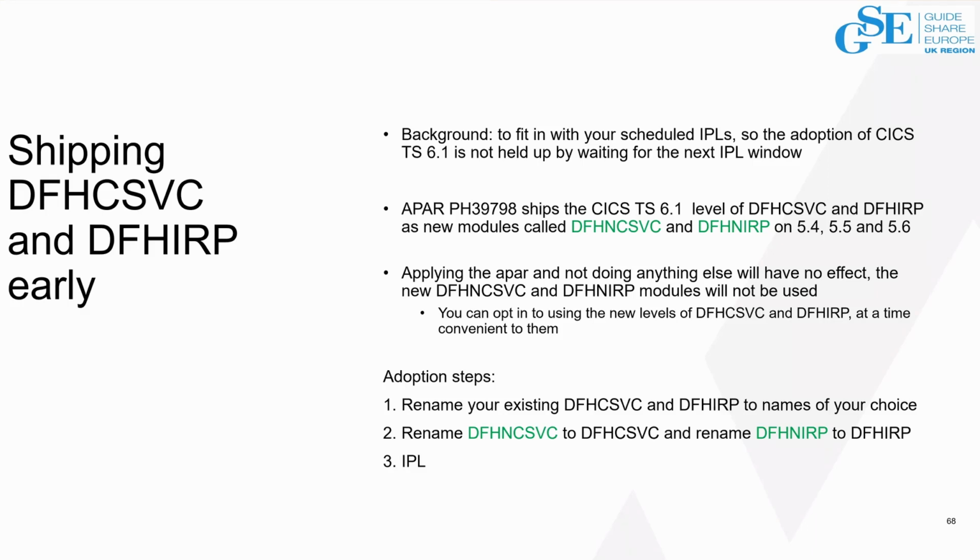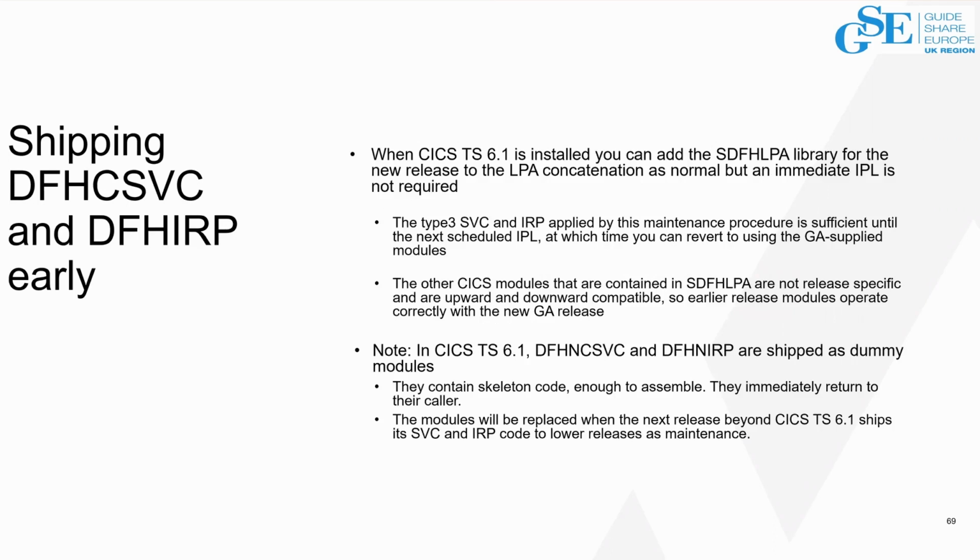Then a few months down the line, when you do get 6.1, you're off and running straight away. You don't have to wait for the next IPL to get IRP and CSVC in.